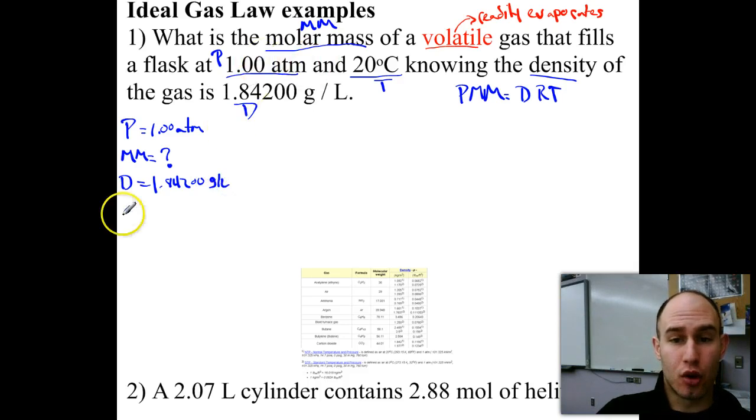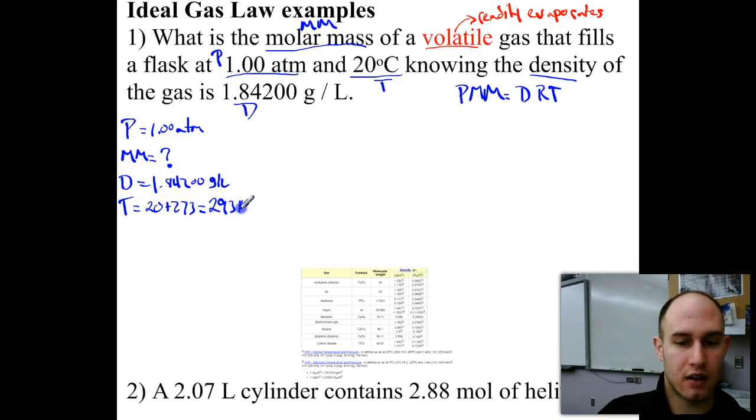I'm also given the temperature, which is 20 degrees Celsius, so plus 273 ends up with 293 K. And obviously R is my constant. It's always given to you as 0.0821 liter atmosphere per mole Kelvin.